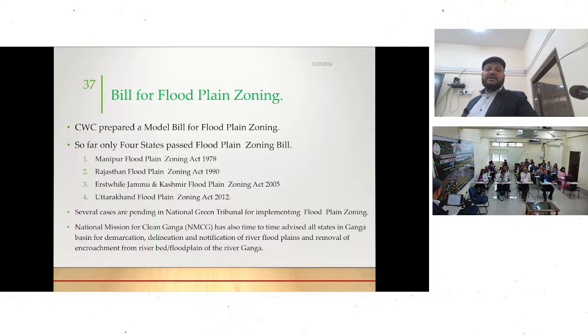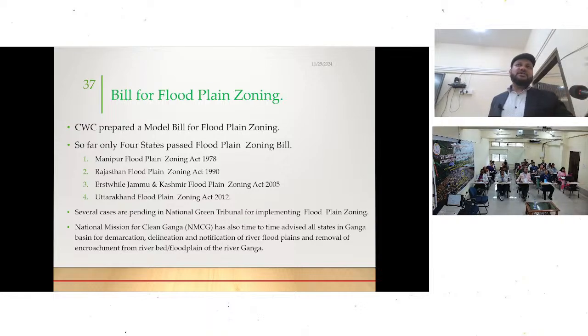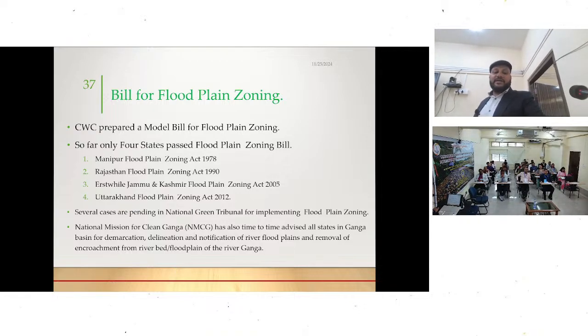But major states suffering from floods, like Bihar, Uttar Pradesh, Assam, West Bengal, which are the most flood affected, have not passed the floodplain zoning act. Several cases are pending in the NGT for floodplain zoning. NMCG has also advised Ganga basin states on demarcation, delineation and notification of the floodplain.